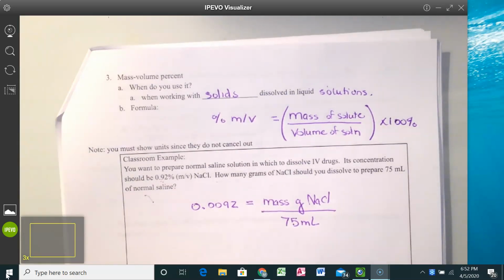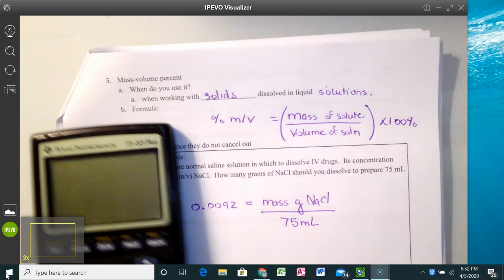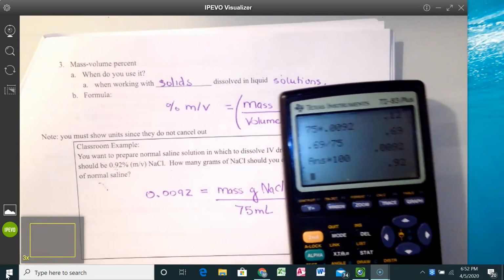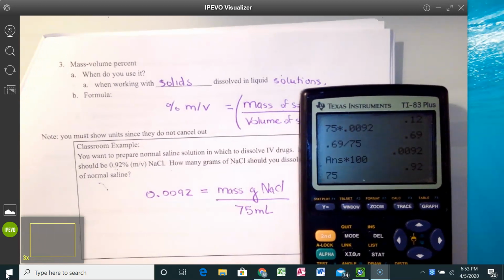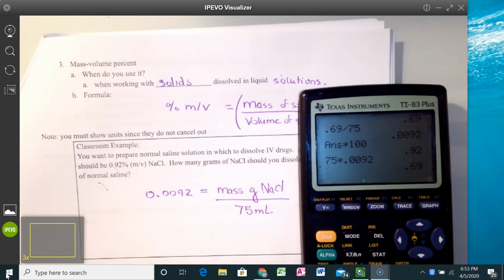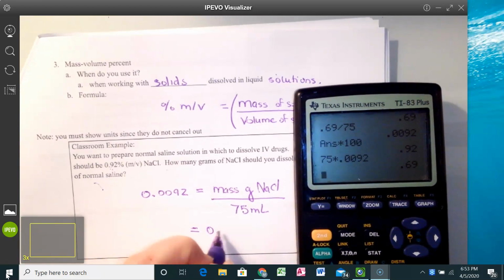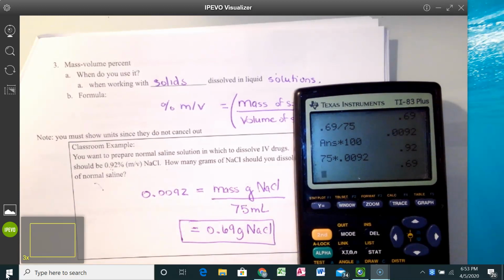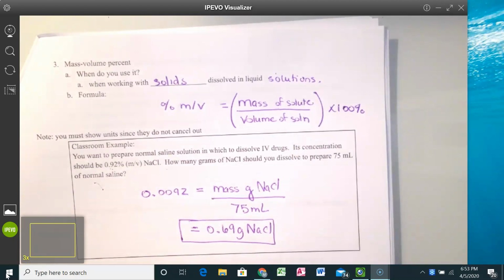So I'm going to do 75 times 0.0092. I end up with 0.69 grams of sodium chloride.